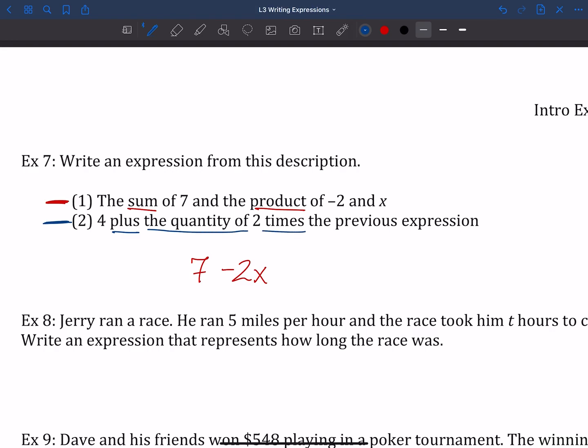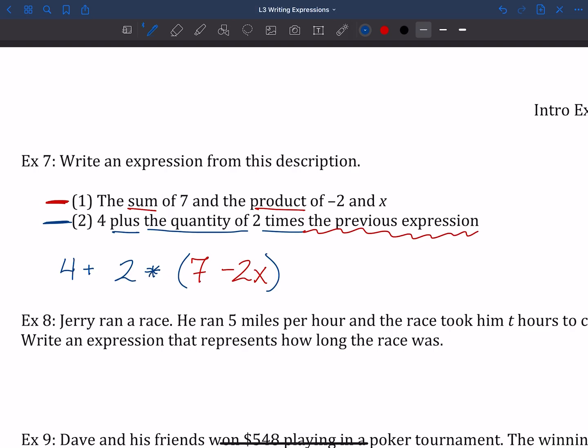2 times, and then again, it's talking about the previous expression, which is everything we had in red. So there's quite a bit going on here. We can take care of 4 plus, and then it's the quantity of 2 times that previous expression. So we should group the previous expression all up with some parentheses, and then 2 times that.